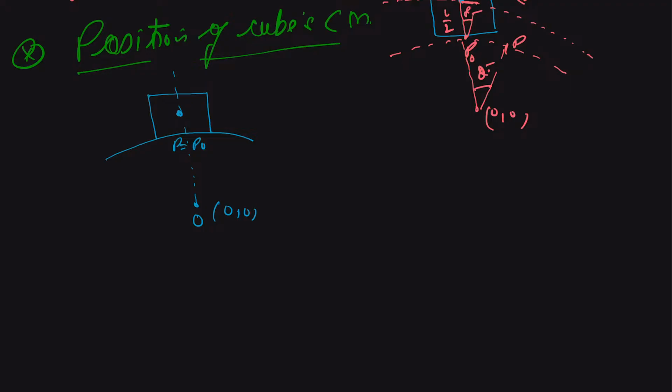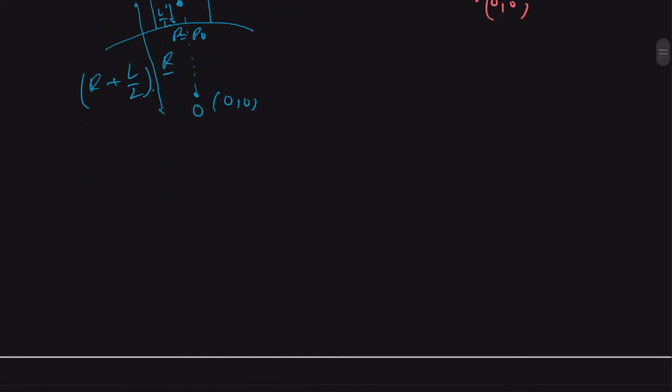We know that this is R, this distance is L by 2, so the total distance will be R plus L by 2, when theta is equal to 0.